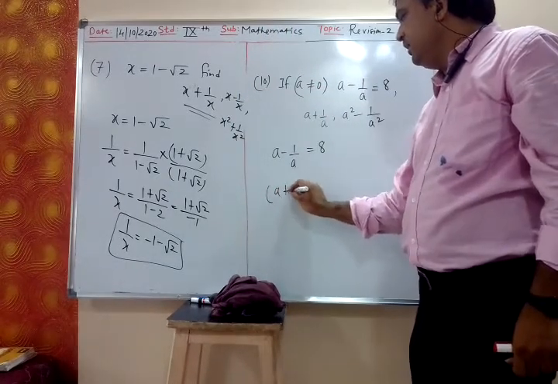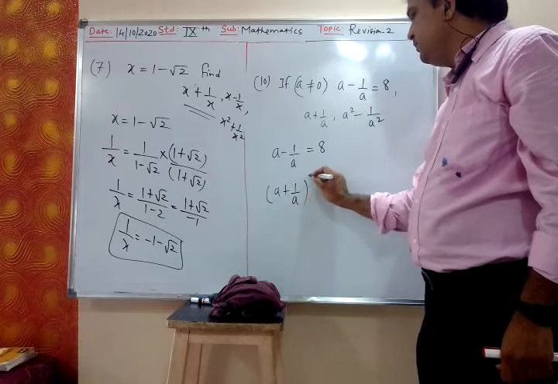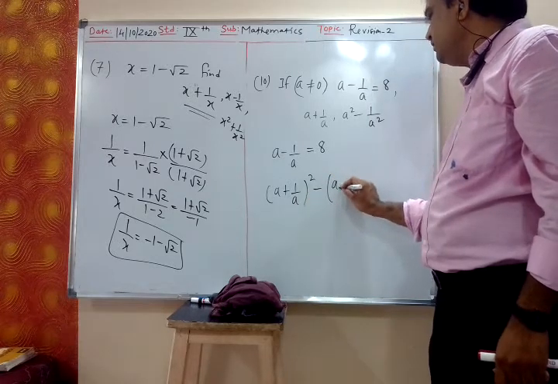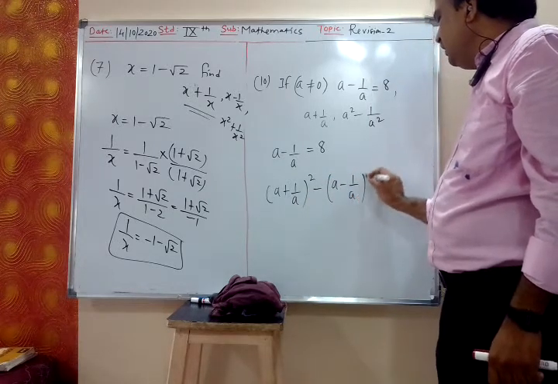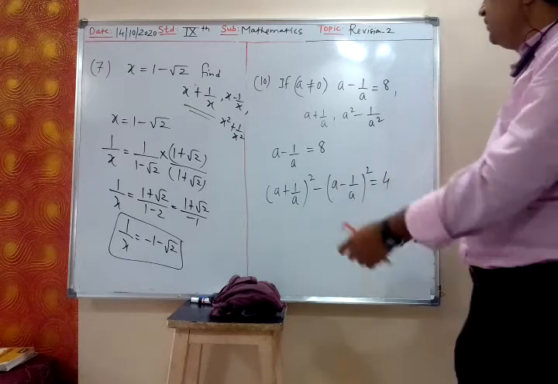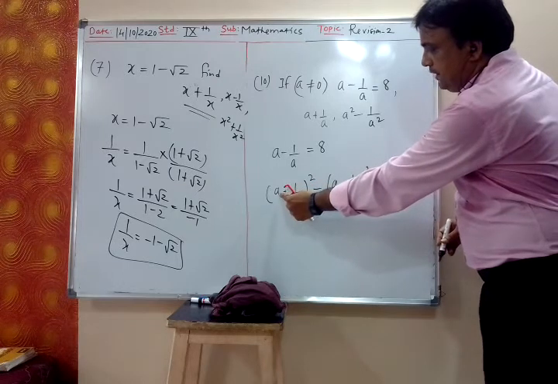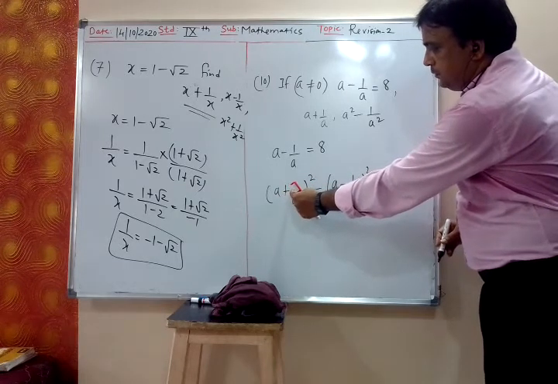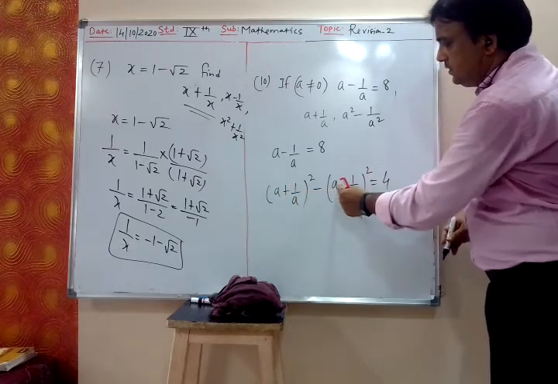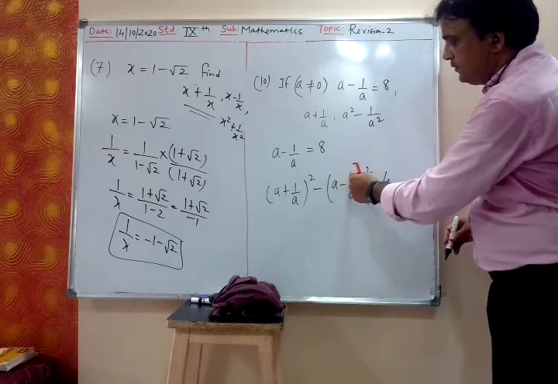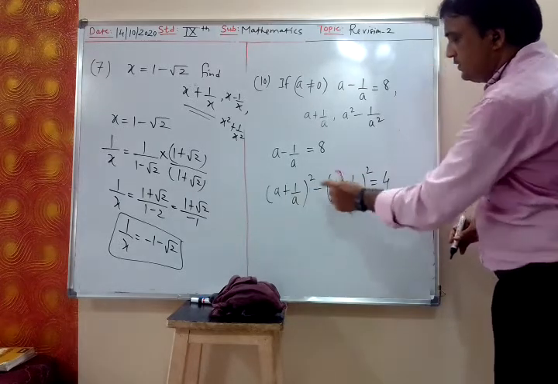We use the formula a plus 1 upon a whole square minus a minus 1 upon a whole square is equal to 4. Because when you simplify, you will get a square plus 2 plus 1 upon a square, and a square minus 2 plus 1 upon a square.